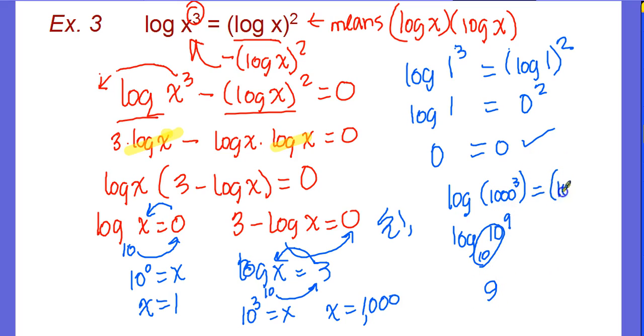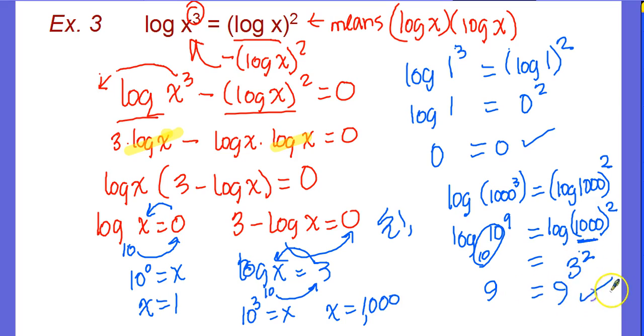And on this side, we do the log of 1,000 squared. Well, that's the log of, count the zeros, that's 3 squared. That's 9. And so that is also a good solution. So we would keep them both.